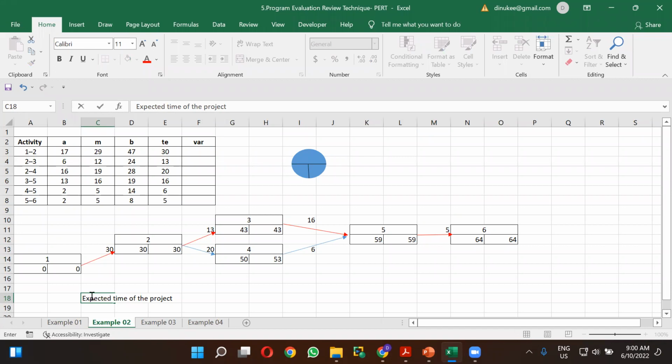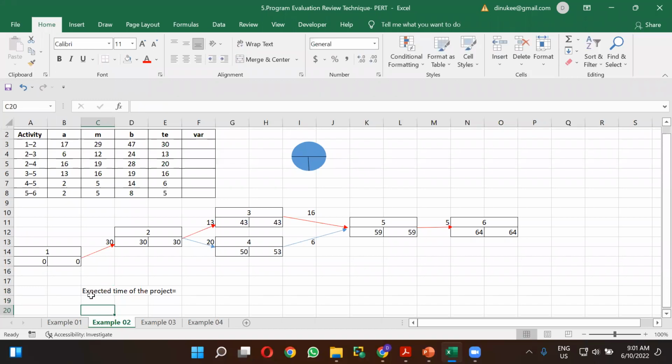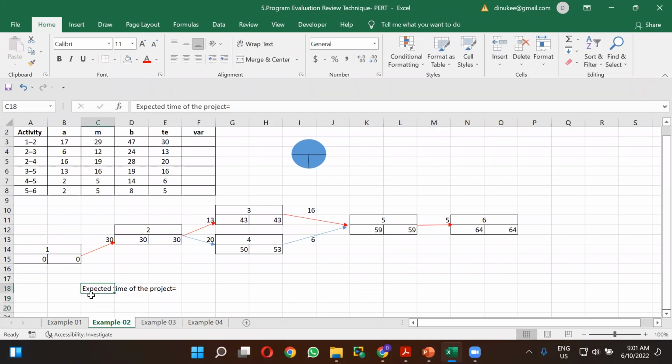Expected time of the project means you have to take the summation of the duration of the critical activities. 64 days. Very good. So they are not giving it in days or like those things. So we are assuming that it would be days, right?